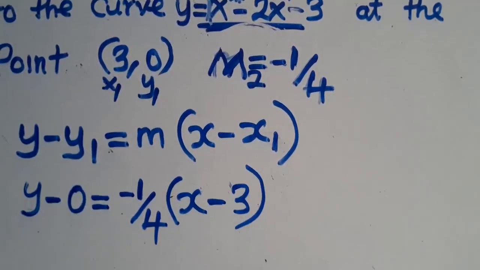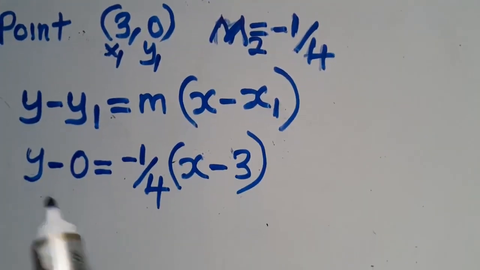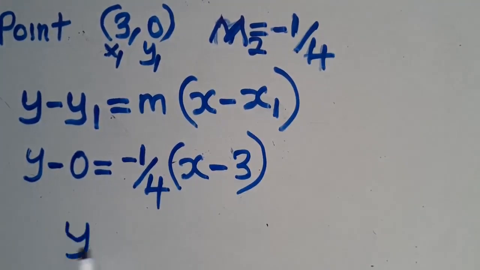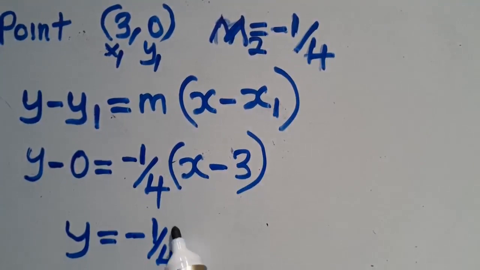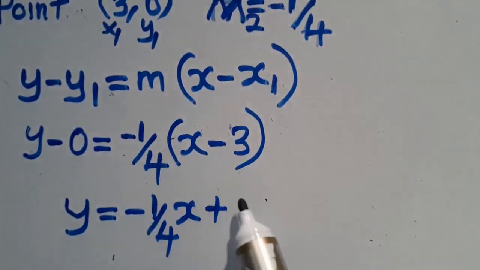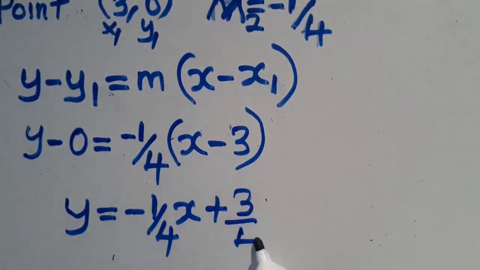Have you seen? As simple as this. Where y minus 0 is just y. Y is equal to negative 1 over 4 x. Negative times negative is positive, like this, positive. Then 1 times 3, that is 3 over 4. Meaning that this is our answer.